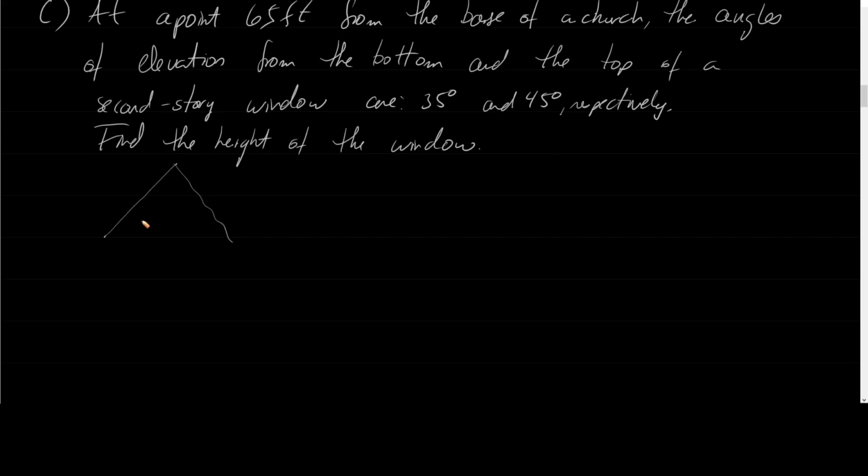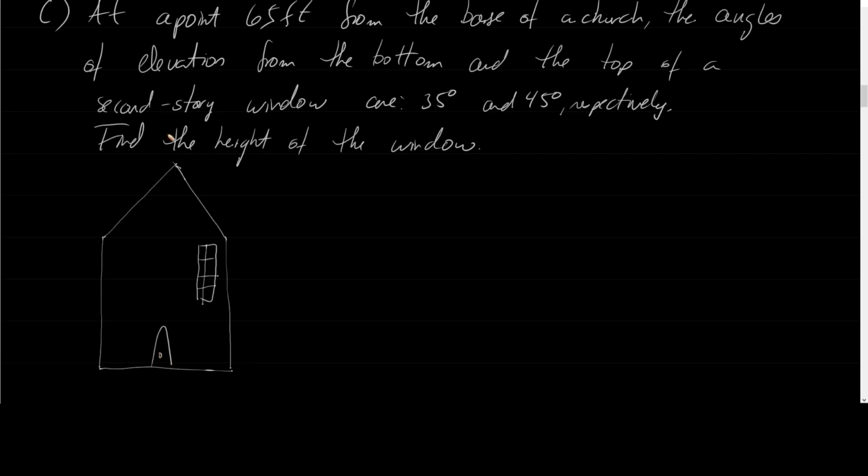Oh, that was supposed to be a straight line. There we go. So here is the church, and we've got some window up here. We've got this window. Here's the door.